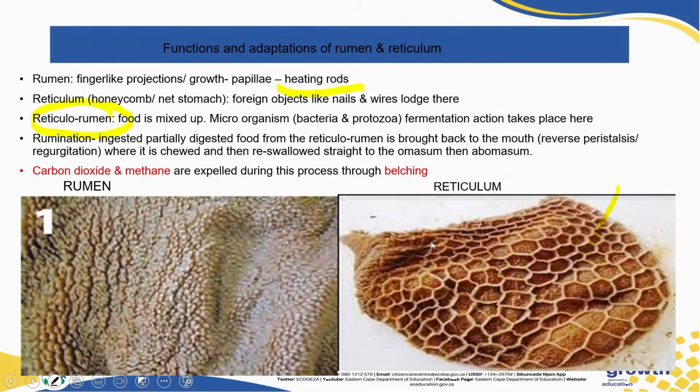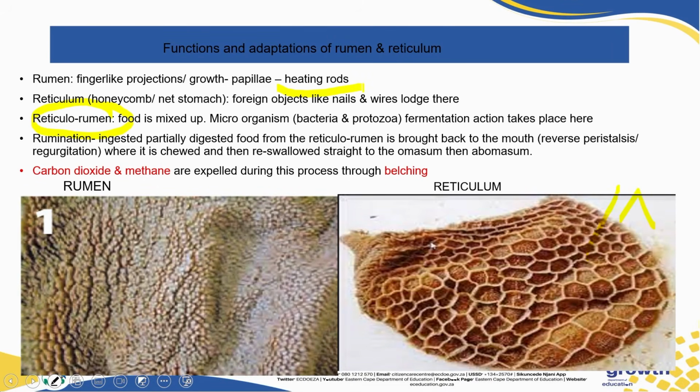As you can see its structure, it looks like a honeycomb where the bees have got the honey in it. So it is where foreign objects are lodged: the nails, the wires, the stones, the bones lodge here in the reticulum.